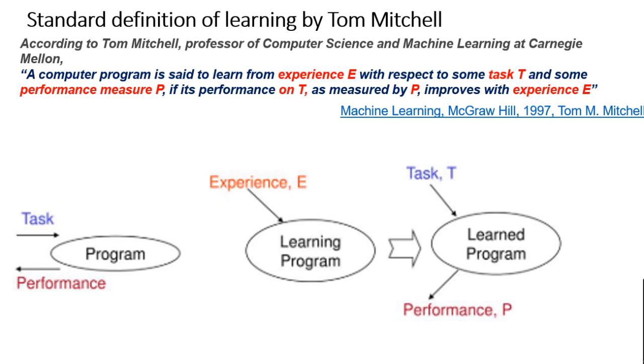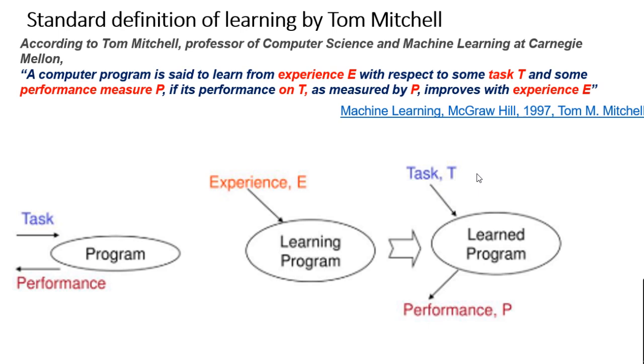For learning, there are three things which are important: T, P and E. T is the task, E is the experience, P is the performance. So when a computer program is set to learn, how does the program learn here? It learns from the experience E. And what experience depends upon the task which is being performed, which is T.